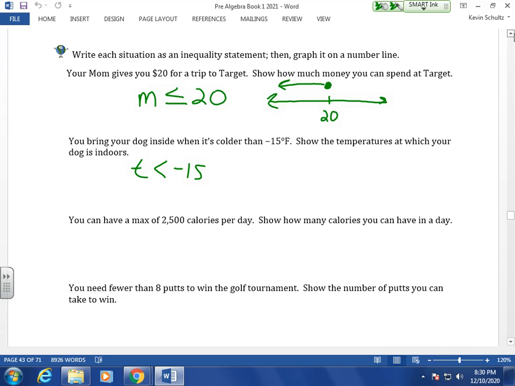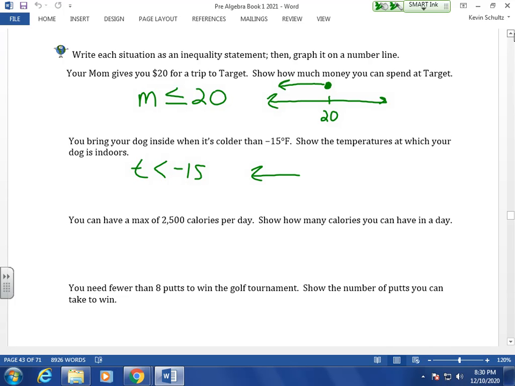If the temperature is colder than negative 15, it's just a less than symbol, because if it's exactly negative 15 degrees, that's not colder than negative 15. It is negative 15. So we're not going to have the less than or equal to here. It's just going to be the less than symbol.